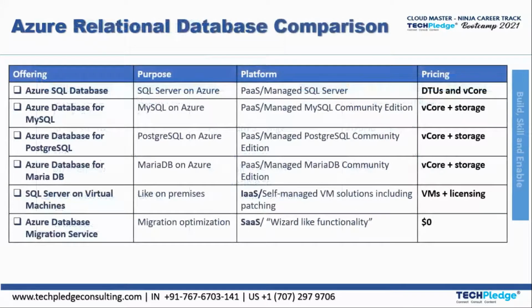Let's just have the comparison between all the databases which we have looked at in the previous slides. They are offering SQL Database, MySQL, PostgreSQL, MariaDB, virtual machine, and migration services. Everyone has a different purpose depending upon their need. If you are someone who wants to run their website on open source, MySQL will be the best option for you.